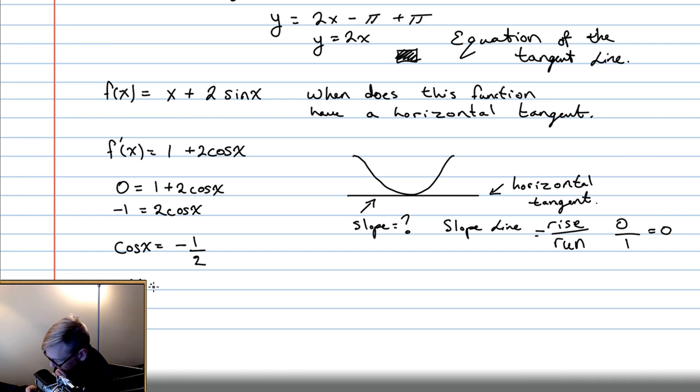So x is the inverse cos of -1 over 2. When is that? Well, when is cosine -1 over 2? Do we use our circle? We should. Let me open it up here.